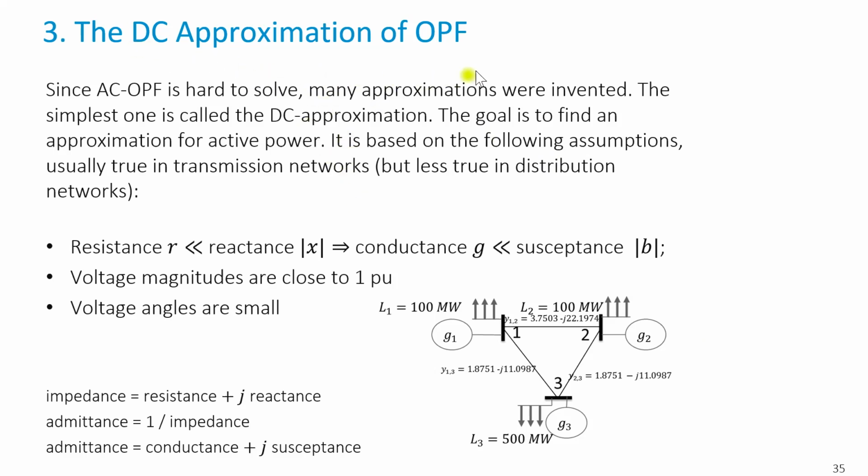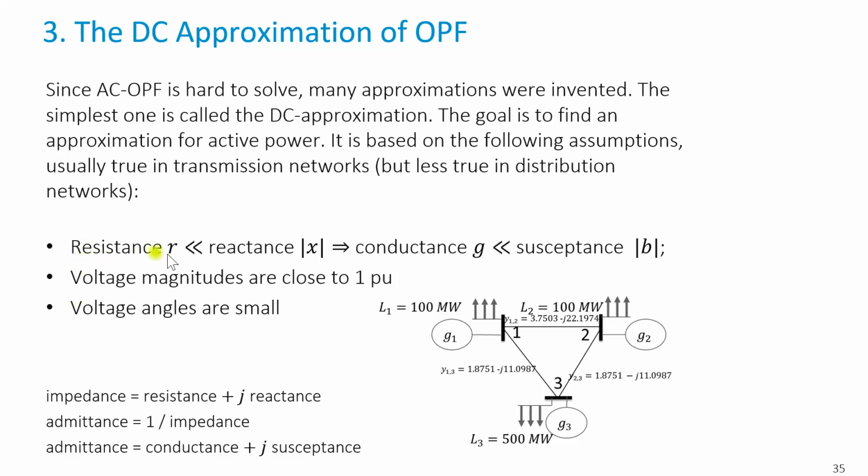The DC approximation of OPF, as I said, is very brutal, so it should not be taken seriously if you have to do voltage control in your grid, for example, but it gives a first-order approximation when some assumptions are true. And those assumptions are the following three.